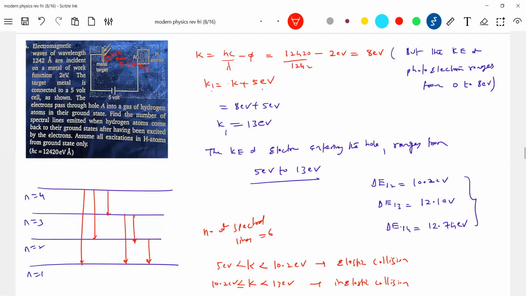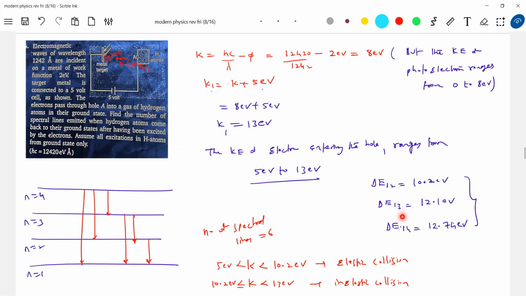Elastic can also take place in the second case, sir. Elastic will be possible for all, for all energies, sir. Both the first and second.